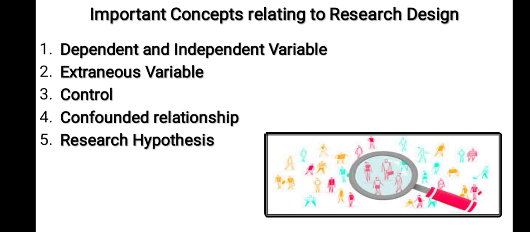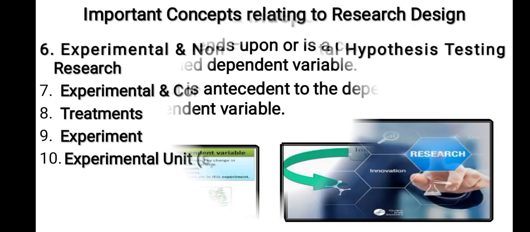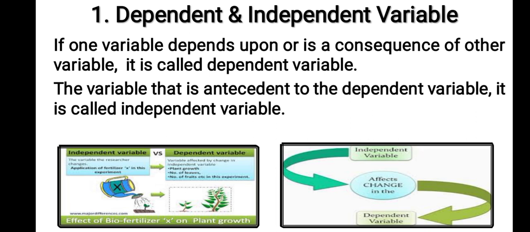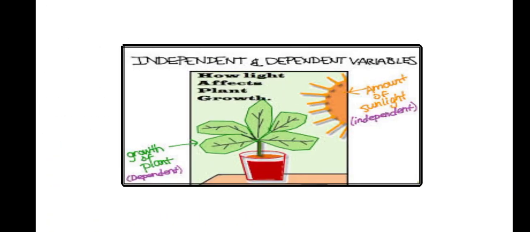The first one is the dependent and the independent variable. If one variable depends upon another variable, it is called the dependent variable. And the variable that is antecedent to the dependent variable is called the independent variable. For example, if you look at the growth of a plant, the plant requires water or sunlight.